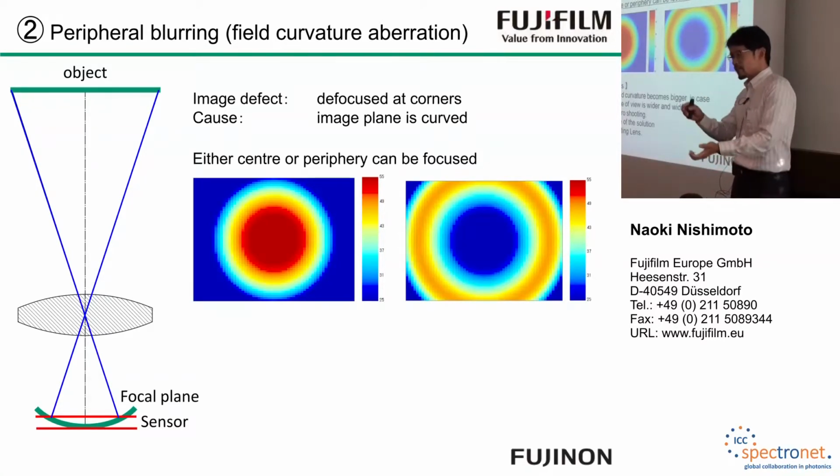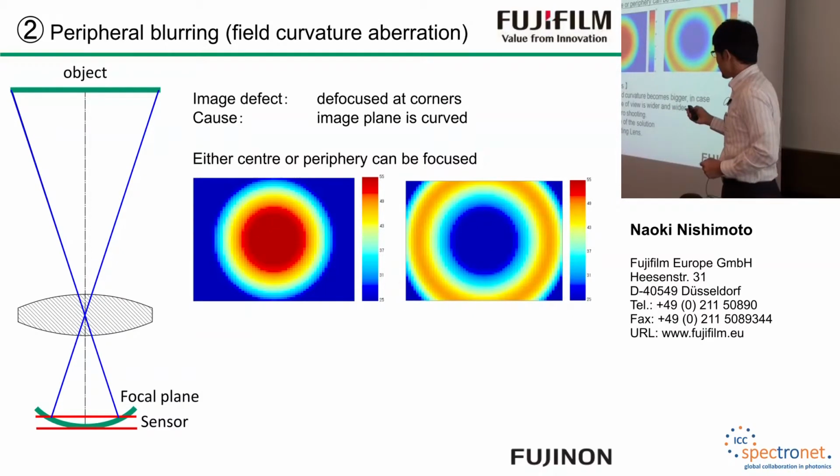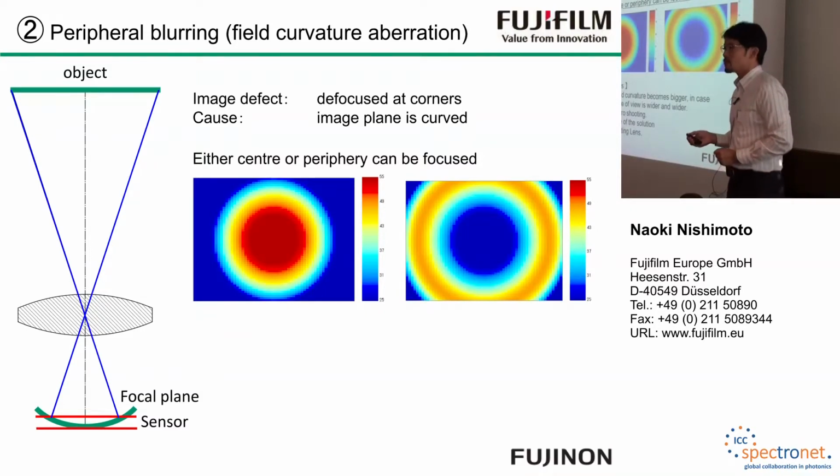If the object distance gets shorter and shorter, then field curvature also gets bigger and bigger. Then there is one solution. It is using a floating lens.